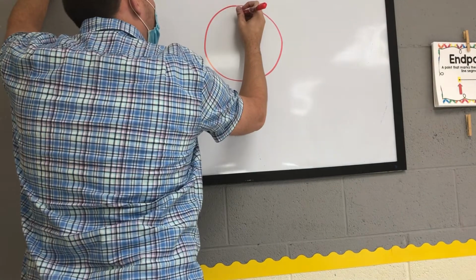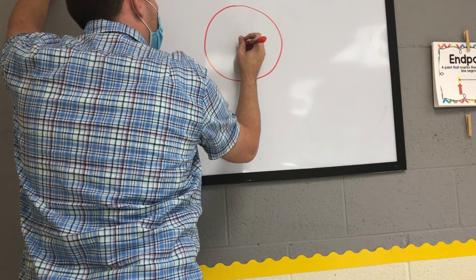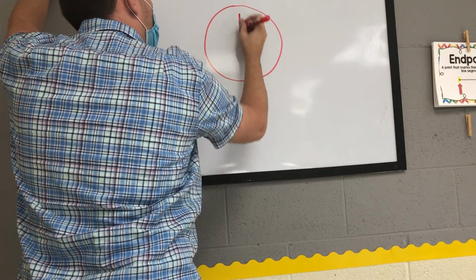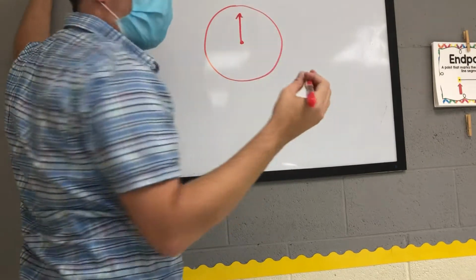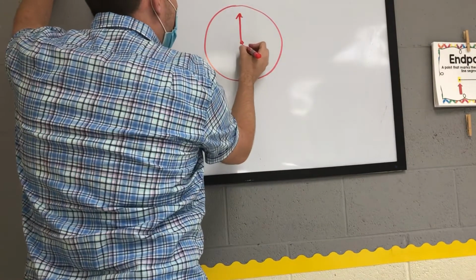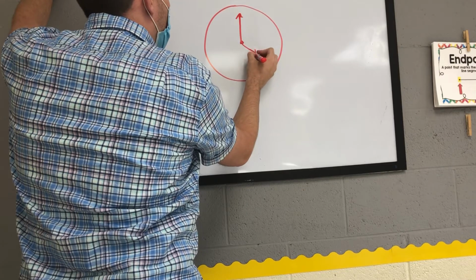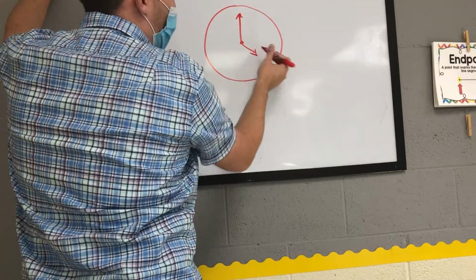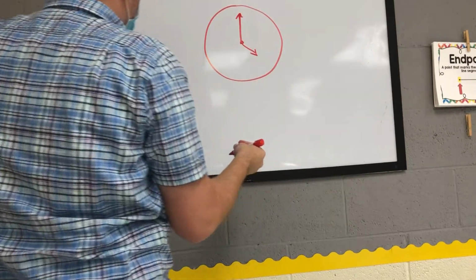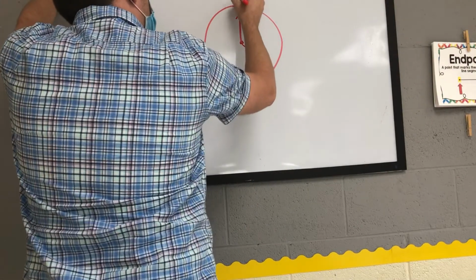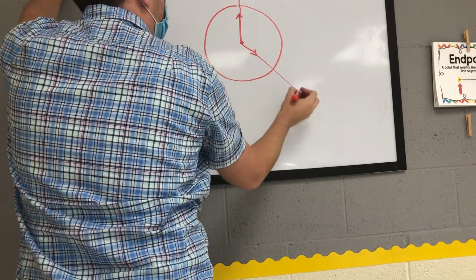So 4 o'clock would look like this. And if you remember in first grade, I would always say when the big hand's at the top, we know it's, and then wherever little hand's pointing at, 4 o'clock. So we would extend those out.